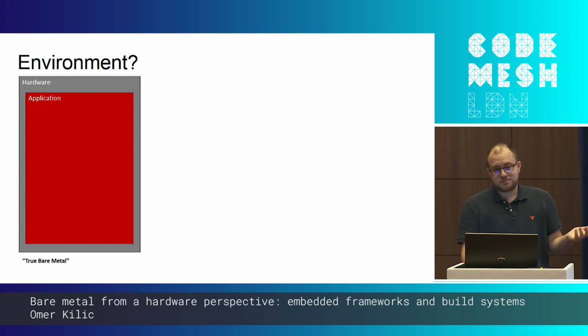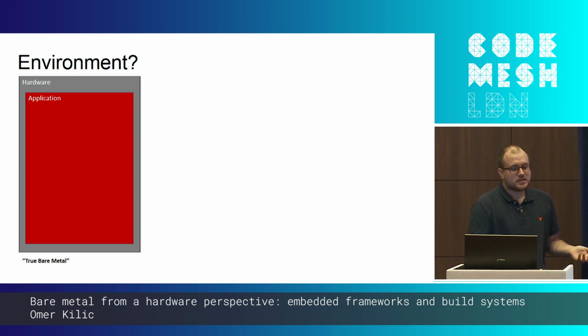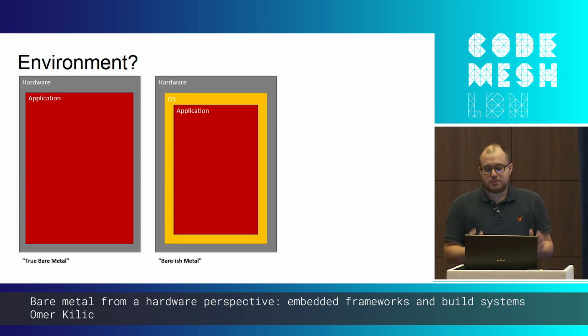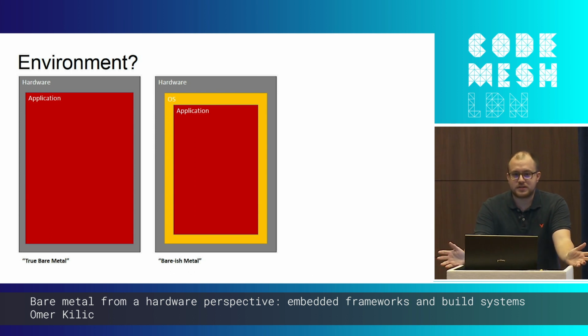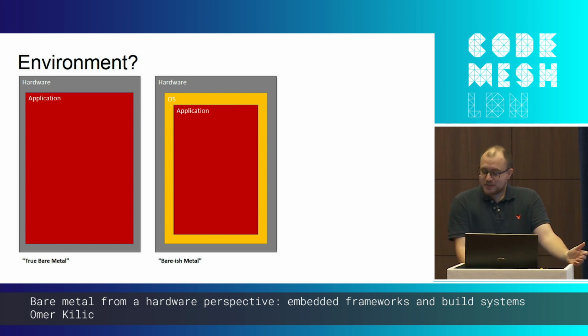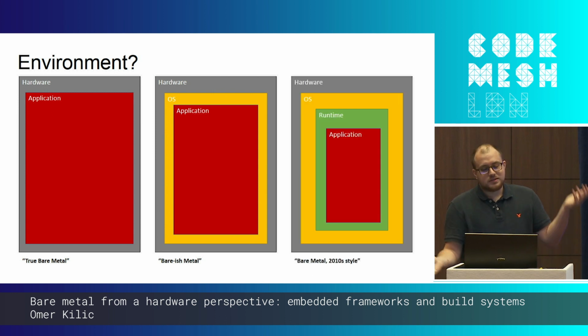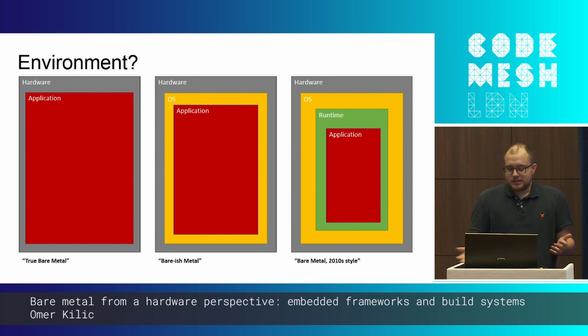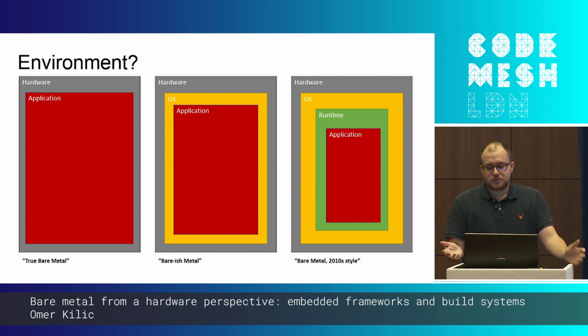But except for very small embedded devices, we don't do this. Traditionally, we do bare-ish metal, where we have an operating system that we run our stuff on. But realistically, in this day and age, we probably have a runtime, a VM of some sort, that runs our application. So already for a standard run-of-the-mill software project, we have several layers of abstraction. So definitely not bare metal.